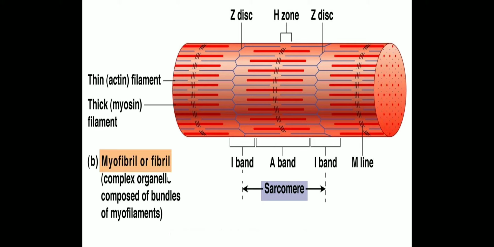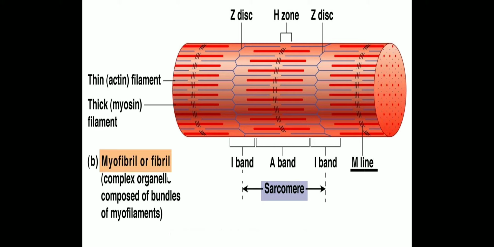Then in the center of A band, that is the dark band, you will find a light area is present. That light area is called H zone or Hensen's zone. Then you will find in the center of H zone there is a line. That line is called M line.